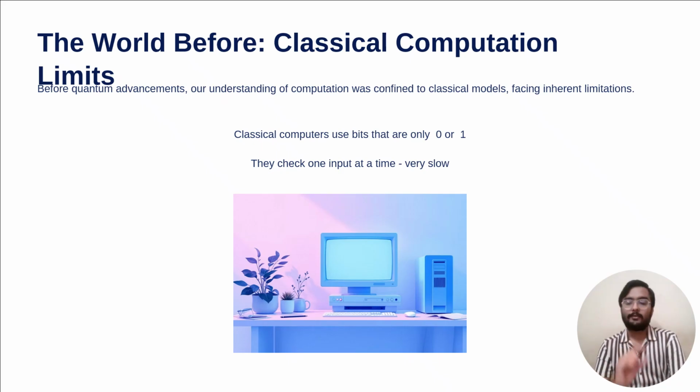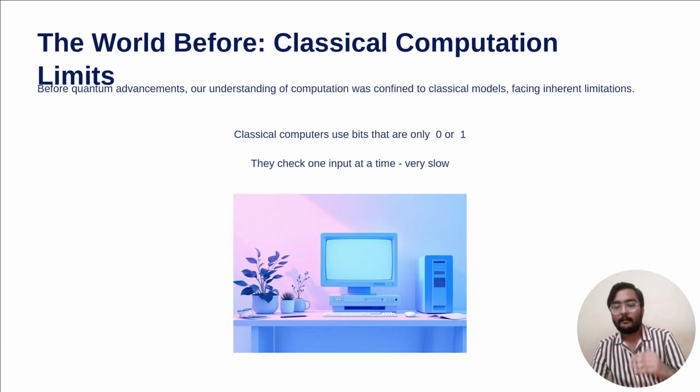Classical computers also struggle to simulate quantum systems, like atoms and molecules, because their behavior is naturally quantum, not classical. In simple words, classical computers are powerful for everyday tasks, but they become too slow or even impractical for very complex problems with huge search spaces.